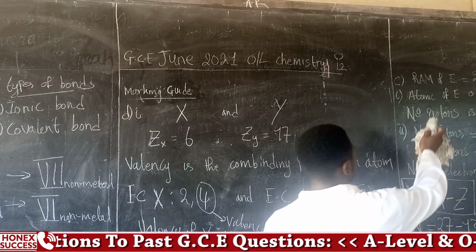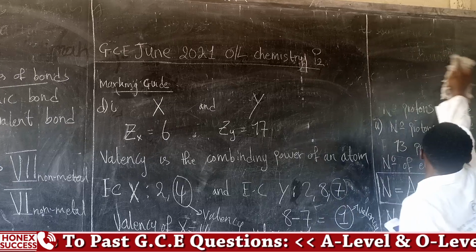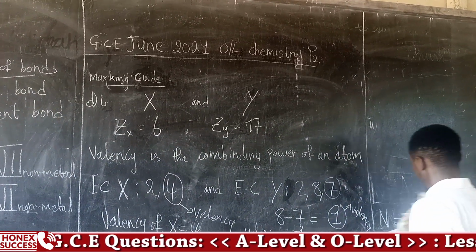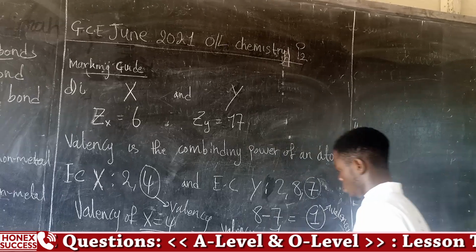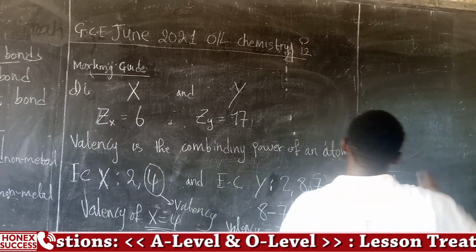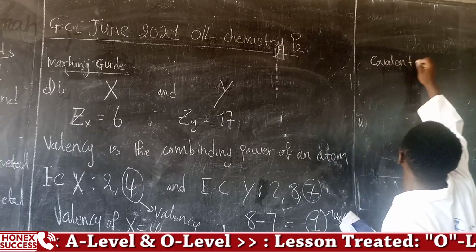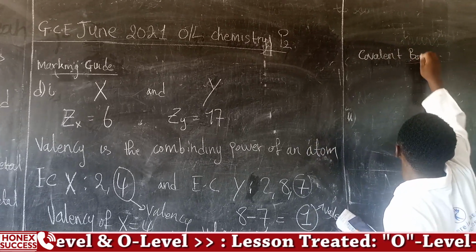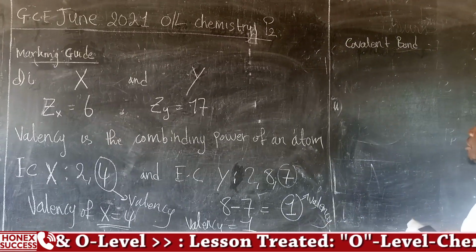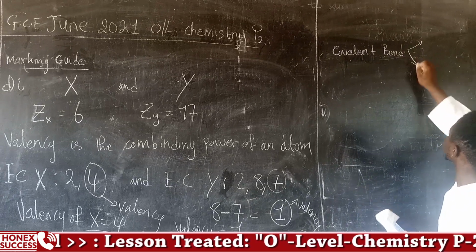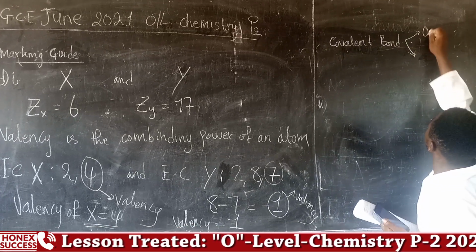Whereas when we look now at the covalent part of it, for covalent bonds, the first thing we have to know is that there are two types of covalent bonds.